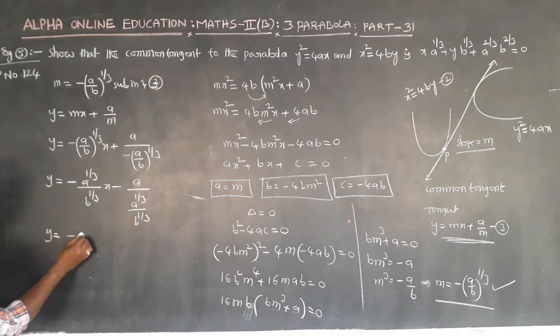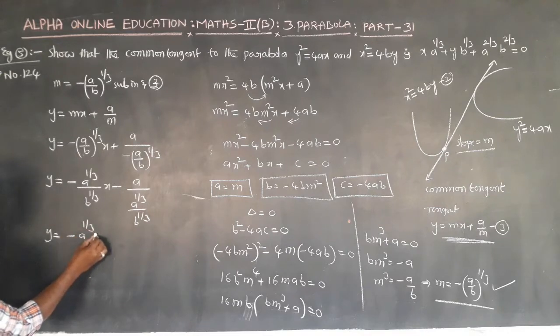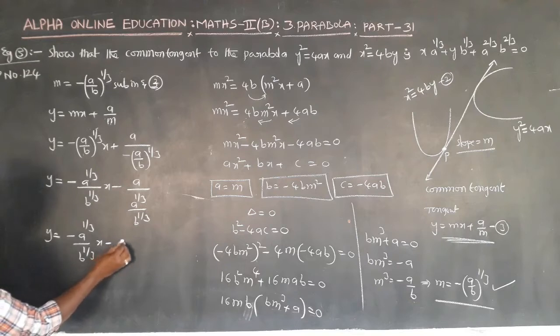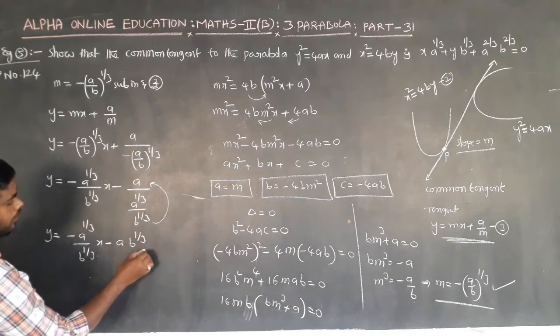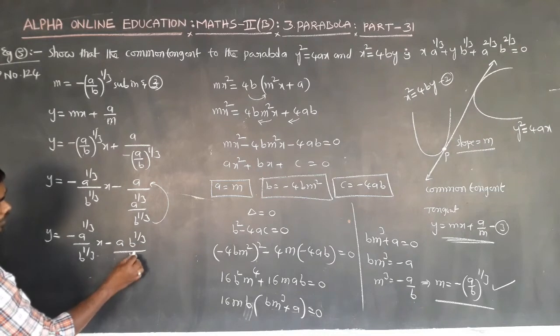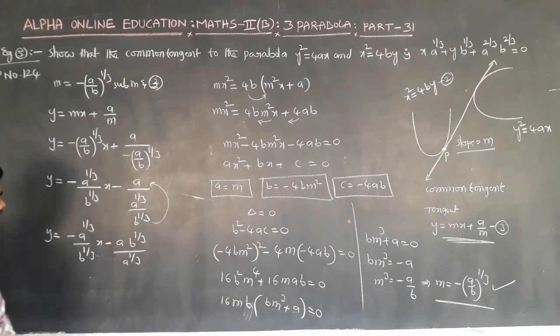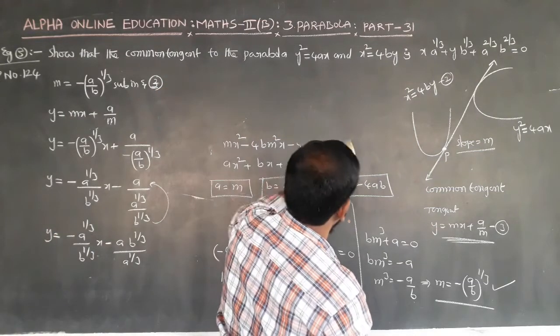y is equal to minus a to the power of 1 by 3 by b to the power of 1 by 3 x minus a into b to the power of 1 by 3 by a to the power of 1 by 3.